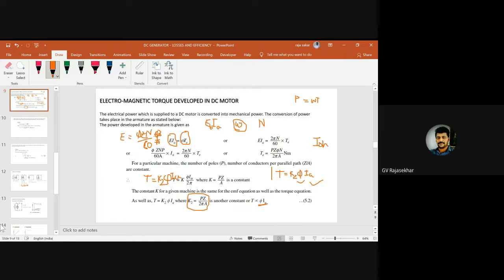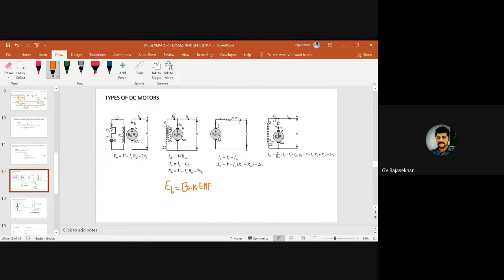Now, in the last class, we represented the DC generator with equations, and this is the DC motor with equations. What is the difference? In the generator, the Ia will be coming like this, and it is divided into Ish and IL.